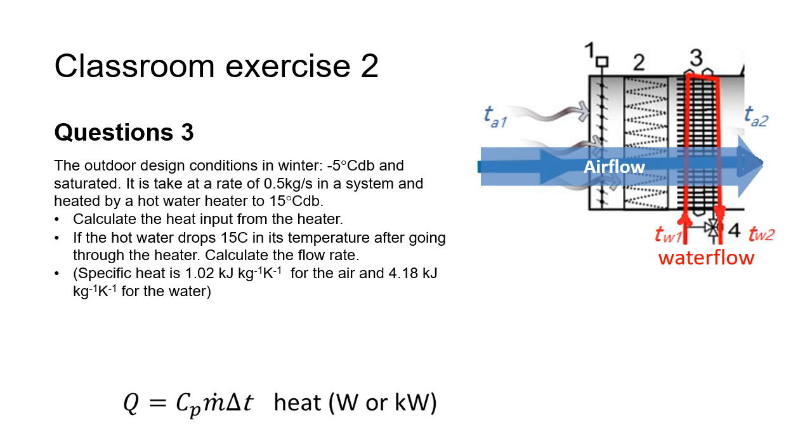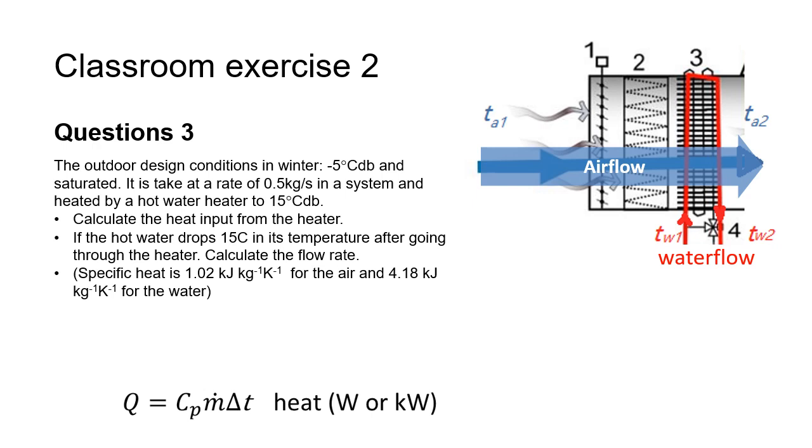Okay, here it says that the outdoor air temperature is -5 and saturated. It has a flow rate of 0.5 kilogram per second coming into the air handling units through the heater.